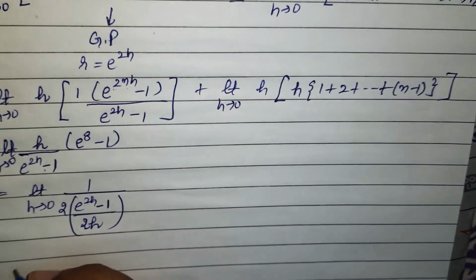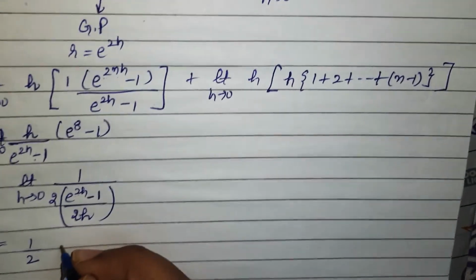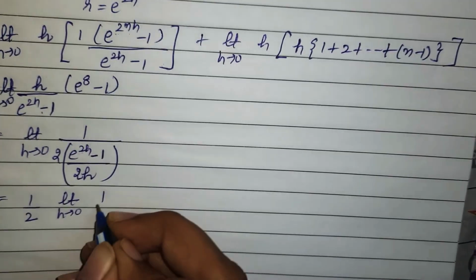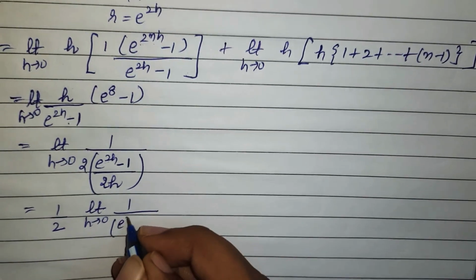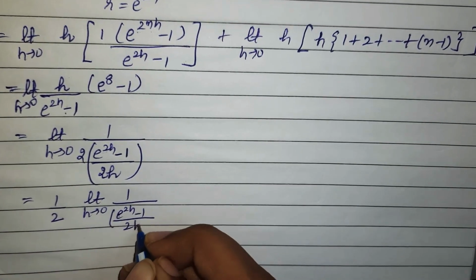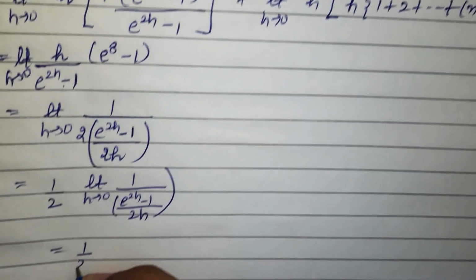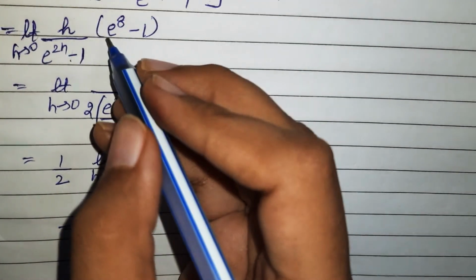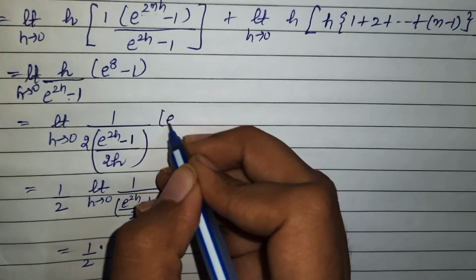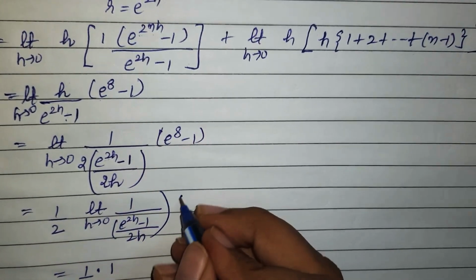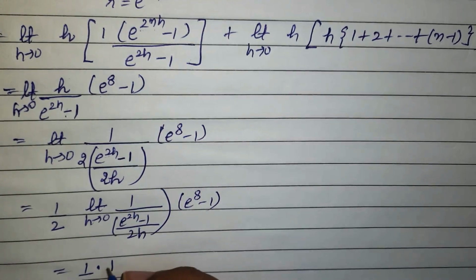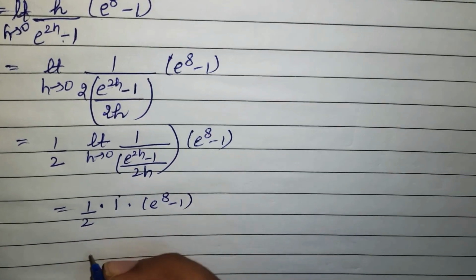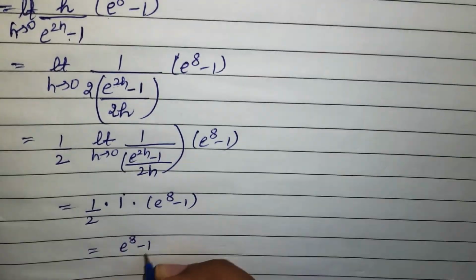So if I take 2 here, 1 by 2, then this formula will become limit h tends to 0, 1 upon (e raised to the power 2h minus 1) upon 2h will become 1. So that means 1 by 2 into 1, and of course this e^8 minus 1 you need to take together. So I will be getting e^8 minus 1 by 2.